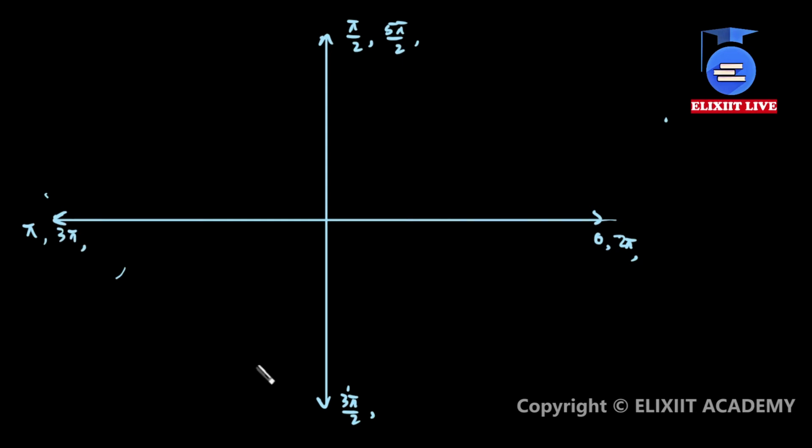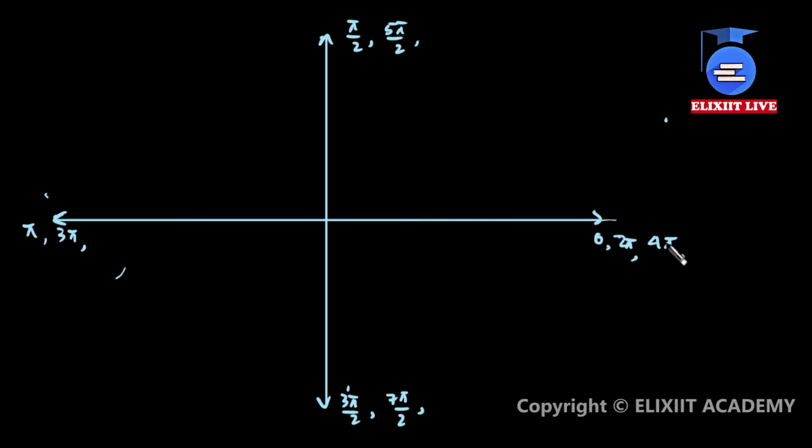Then next will be 7 pi by 2. Then next will be 8 pi by 2. 8 pi by 2 means 4 pi.